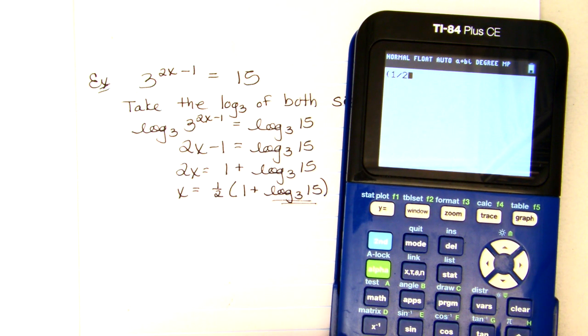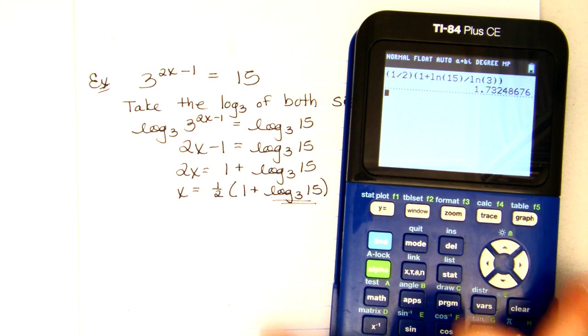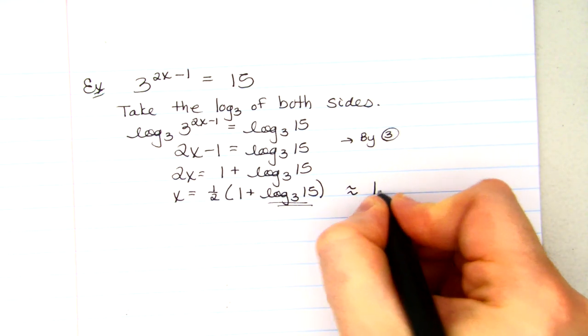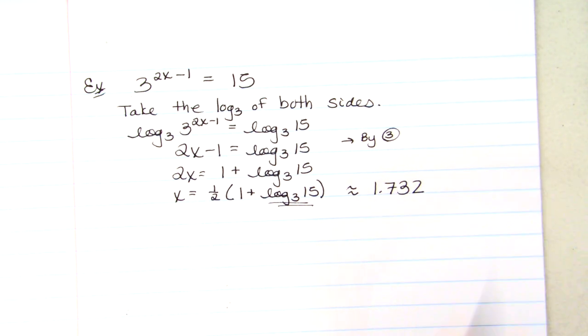Let's see. I'm going to do 1/2 times, in parentheses, 1 plus natural log 15 divided by natural log 3. About 1.732.